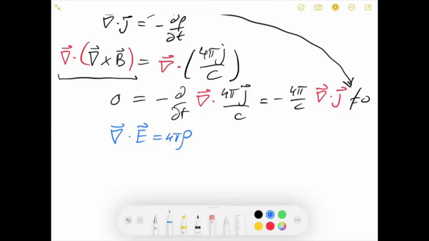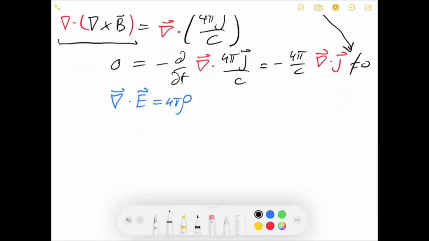So if we use that and add that with the right factors of 4π and c to this, we can actually make the right-hand side come out to be minus dρ/dt.